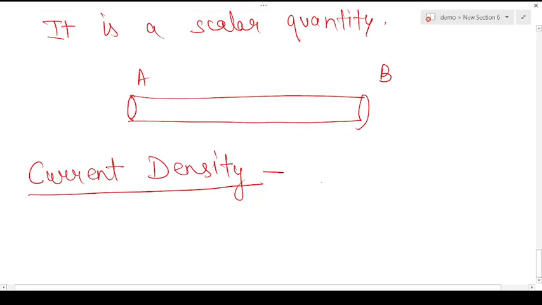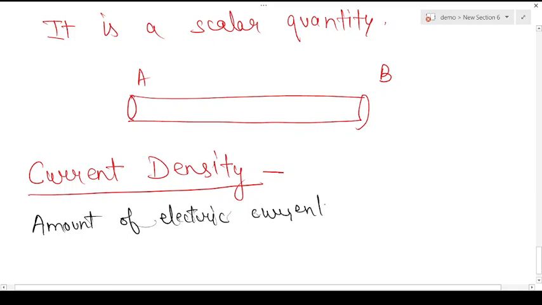So here also current density is the ratio of current to the area, or we can say the amount of electric current passing through unit area.